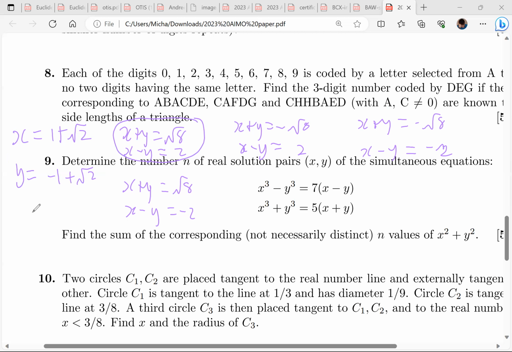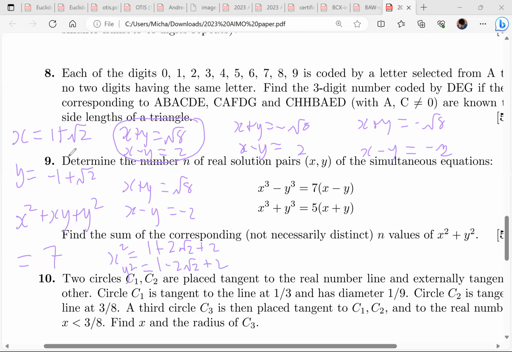So the most direct equation you can check is x squared plus xy plus y squared equals 7, right? So x squared equals 1 plus 2 root 2 plus 2. Y squared equals 1 minus 2 root 2 plus 2.